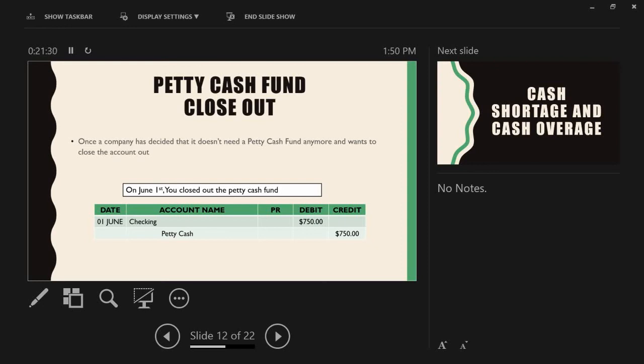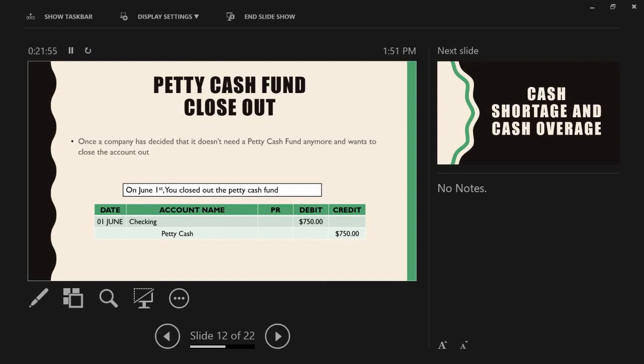So on June 1st, you're going to close out your petty cash fund. In this case, I'm going to pick up all the money and deposit it back into my bank for $750. So I started with $500, I increased it by $250, and now I'm going to close out my petty cash fund for the total amount of $750.